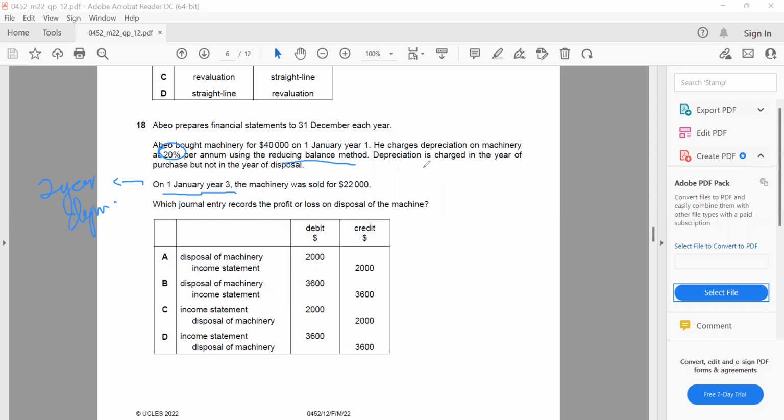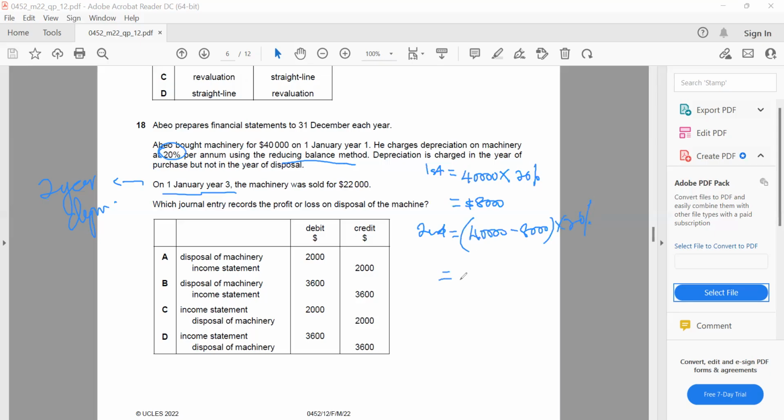So 2 years depreciation charge, first year is 40,000 times 20%. So we get 8,000. Second year, we take 40,000 minus 8,000 and then times 20%.